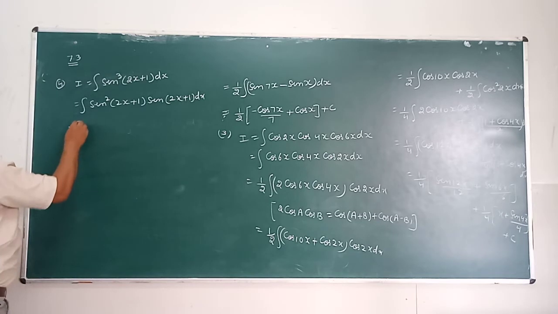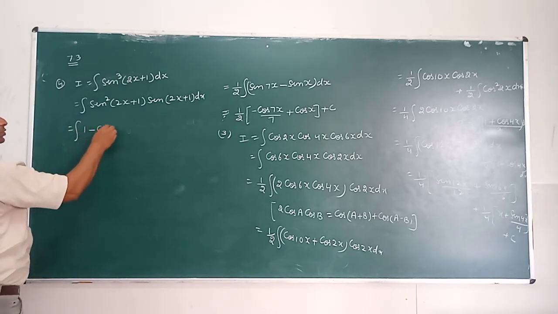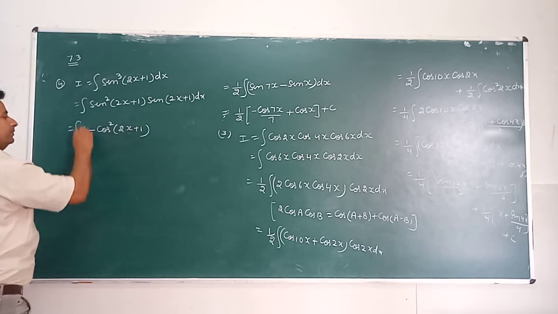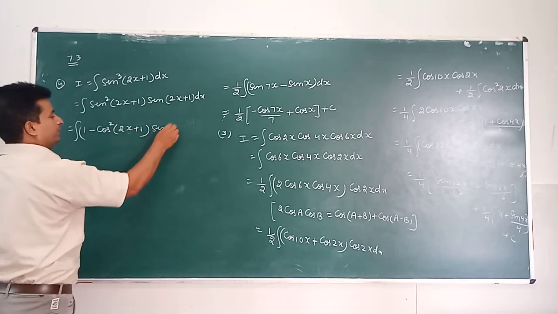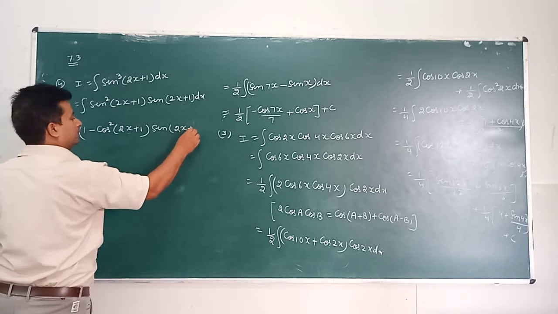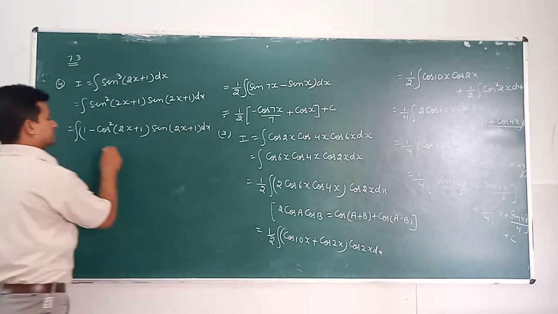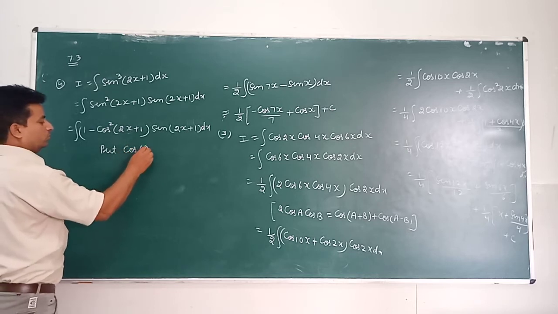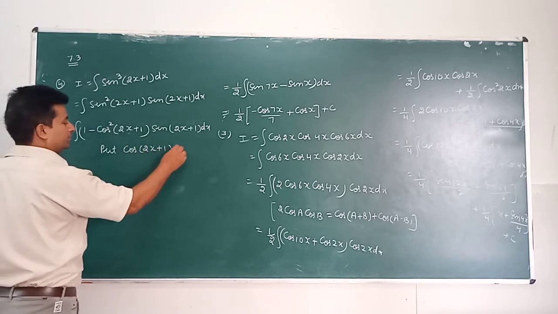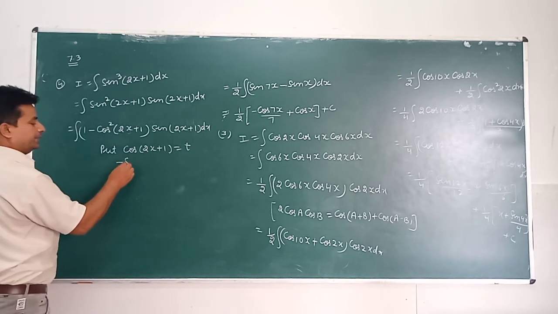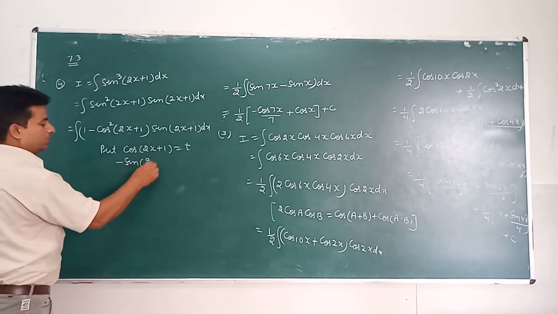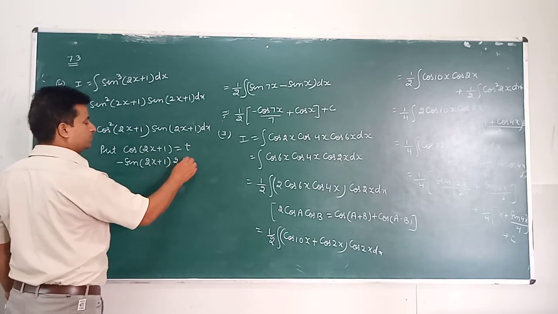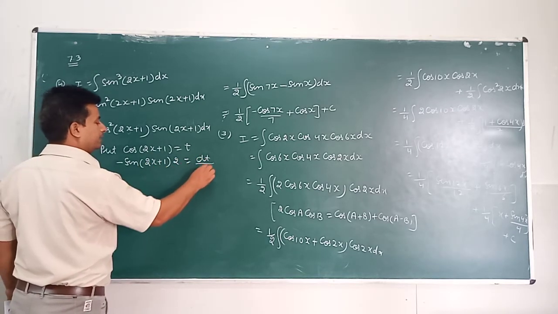Here we change sine square x into 1 minus cos square x, and we put cos (2x plus 1) equals to t. So its integration is sine (2x plus 1) and derivative is sine (2x plus 1) and angle is 2.